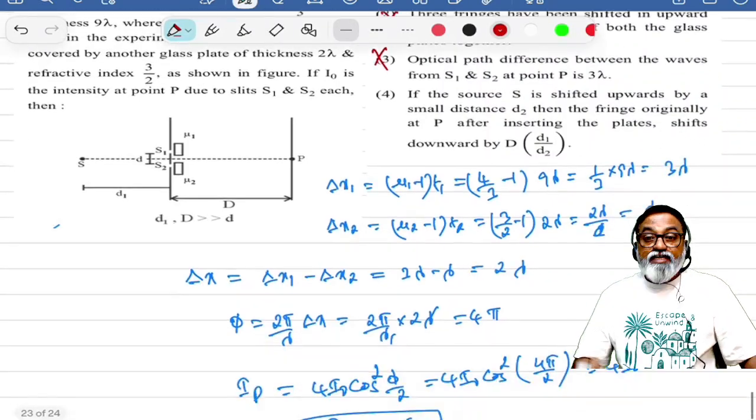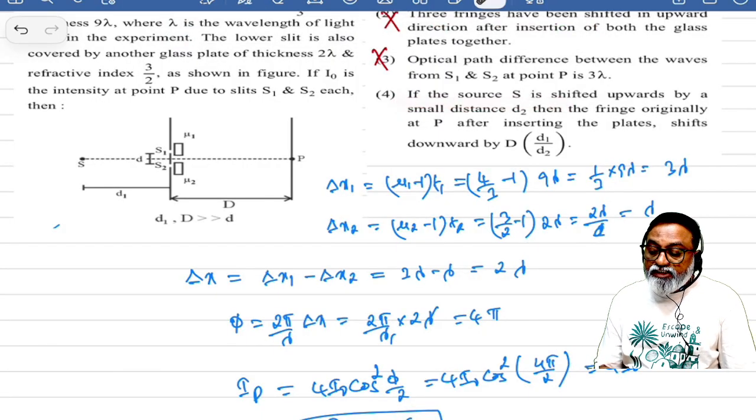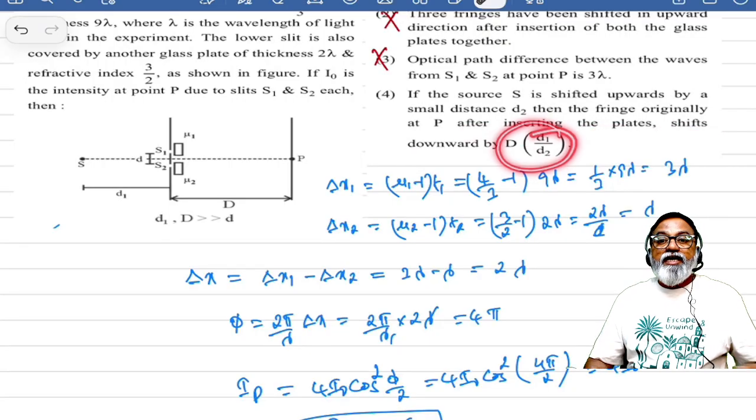See option 4, it is a very interesting one. If the source S is shifted upwards by a small distance d2, then the fringes originally at P after inserting the plates shift downwards by d into d1 by d2.